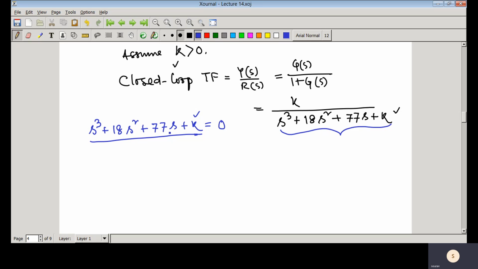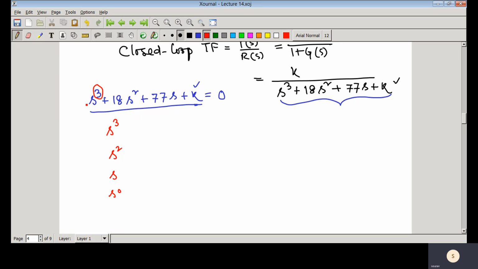So let us apply Routh-Hurwitz criteria. Whenever we apply the Routh-Hurwitz criteria, we need to start with that s cube, then s square, then s, then s0.